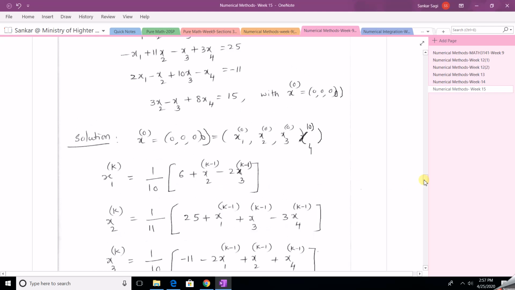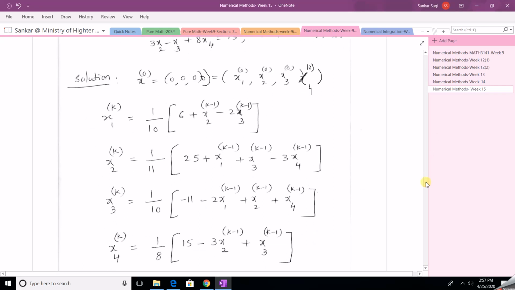The same way, from the third equation, we solve for x3. So x3 is equal to 1 over 10 times minus 11 minus 2x1 plus x2 plus x4. If we take x1, x2, x4 terms to the right hand side and then divide by 10, you will be getting x3.